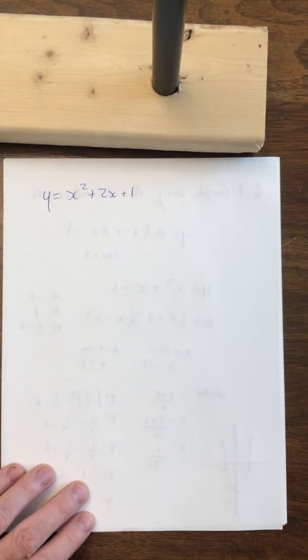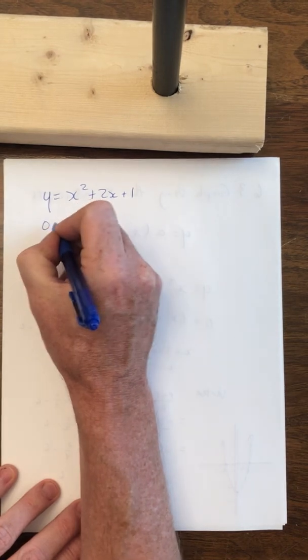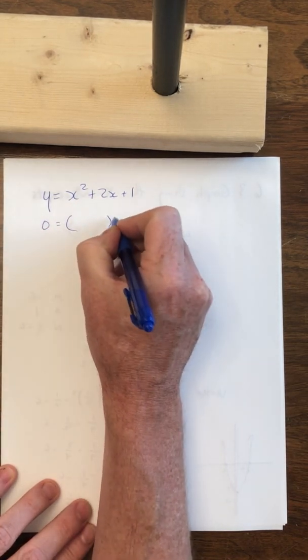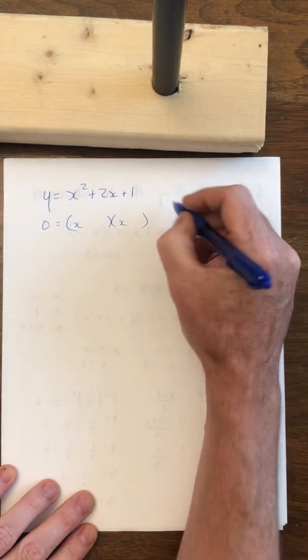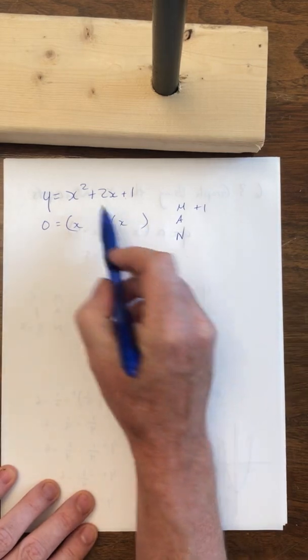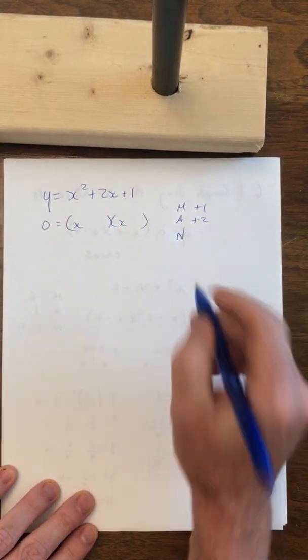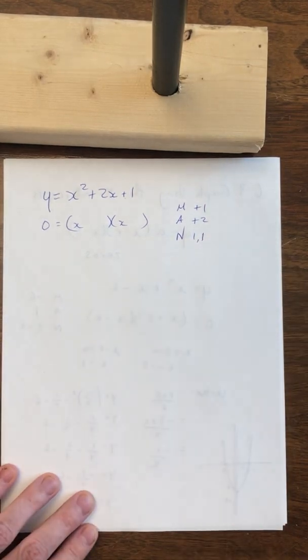And we end up with a parabola that looks like that. All right, once again, let's find the x-intercepts, the vertex, and graph this. So once again, we can man this out, multiply to get +1, add to get +2. Our numbers are 1 and 1.